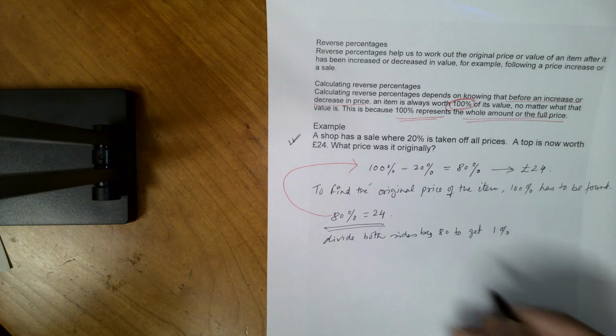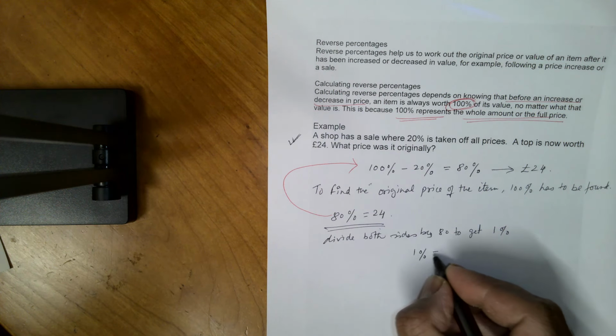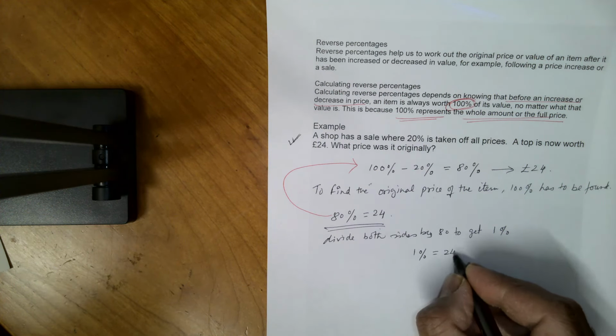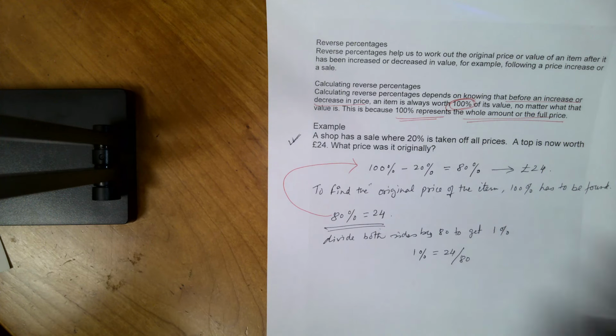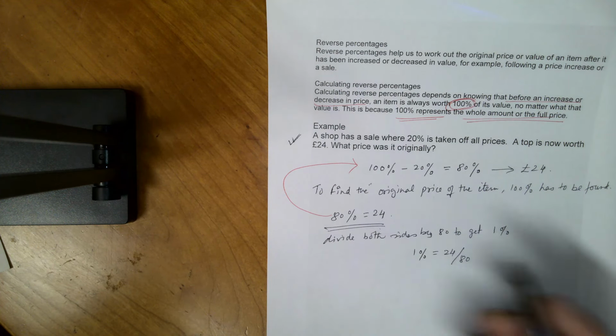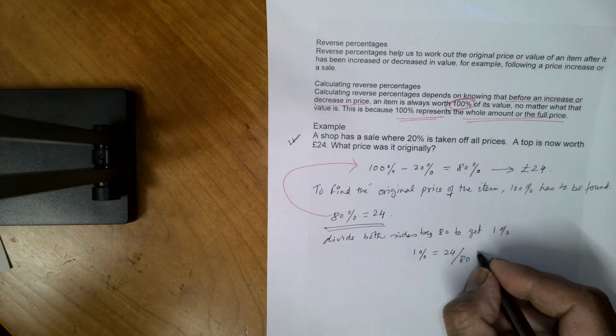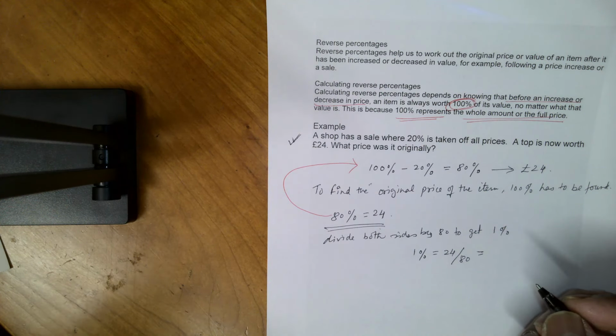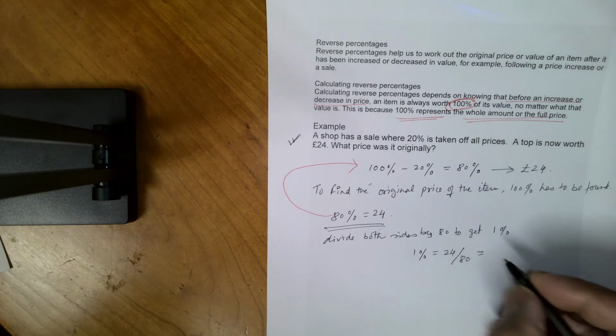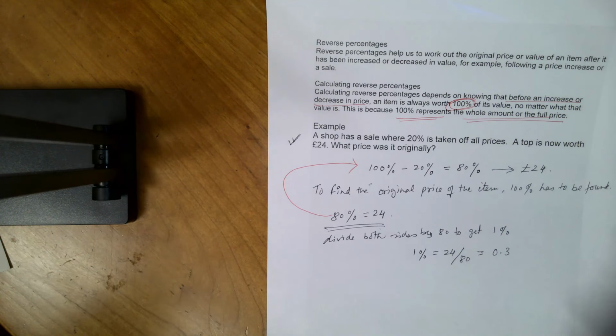So divide by 80, that will be 1% here, equal to 24 divided by 80. Okay, because it's both sides, right? And that will give you 0.3, right?